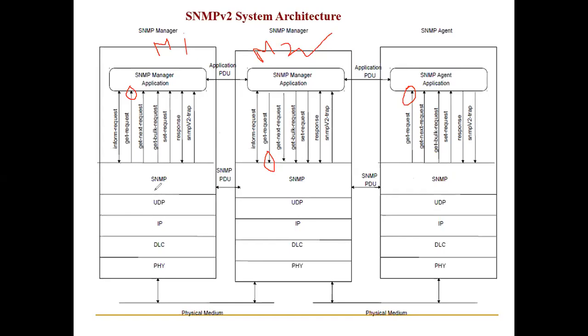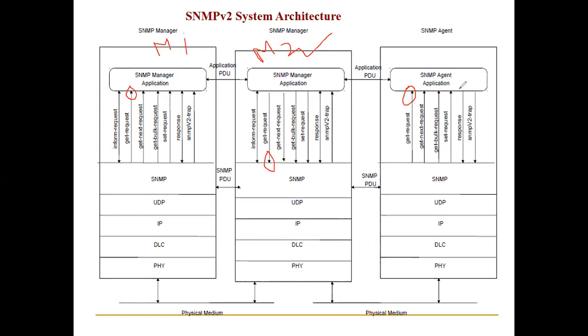Similarly, that goes over here. So my M2 is the main manager. So remember, the center manager, you consider it as the main manager, and all the arrows leave the main manager except the inform request, response, and trap. Then I have the get bulk request, which is also generated by the manager, then set request, then response.